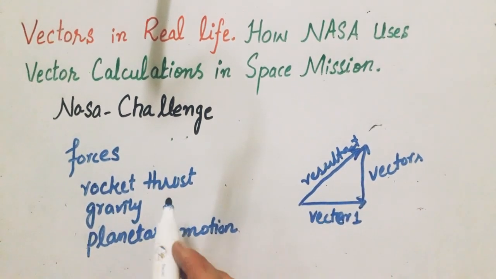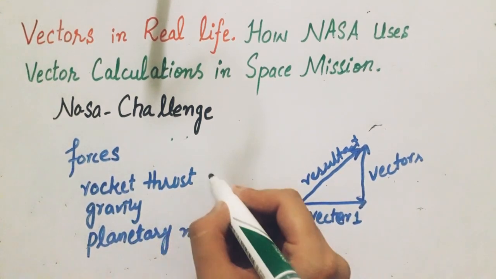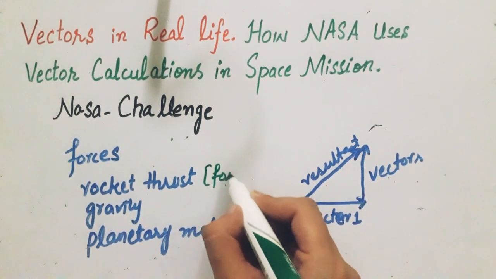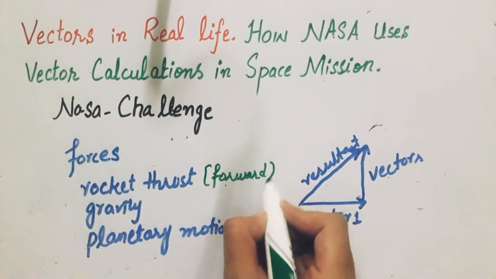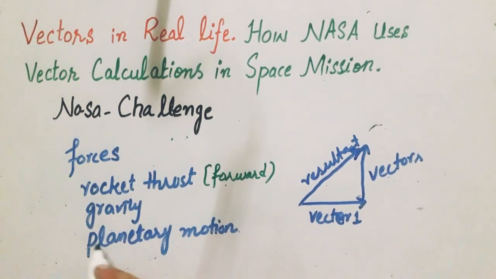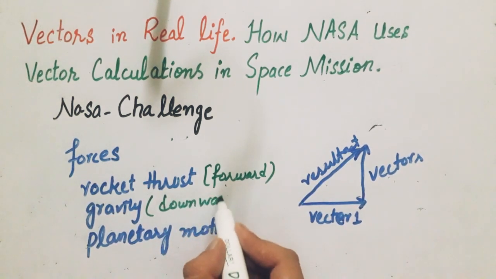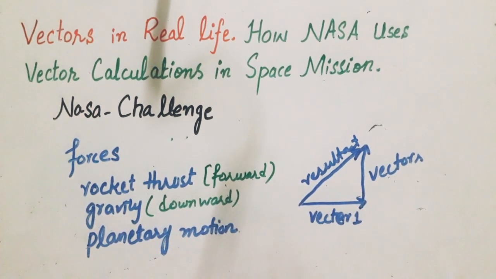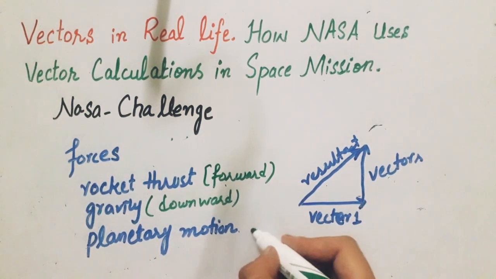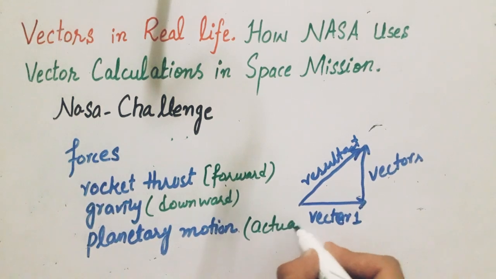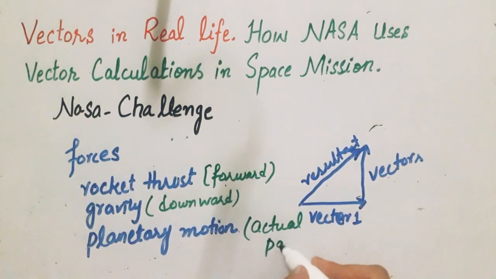The rocket thrust force pushes the rocket forward, the force of gravity pulls it downward, and the planetary motion guides it towards the actual path. So we get the actual path from the resultant vector.